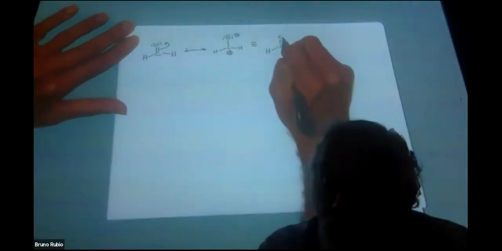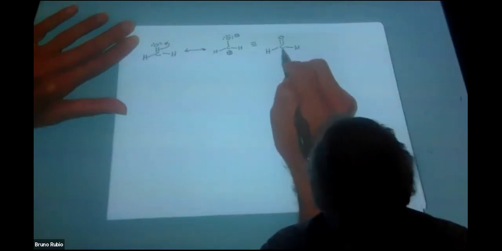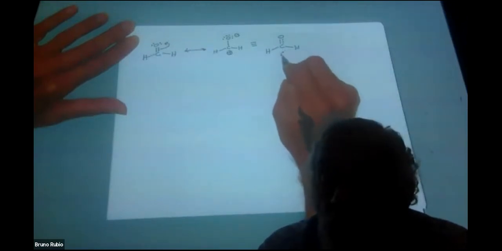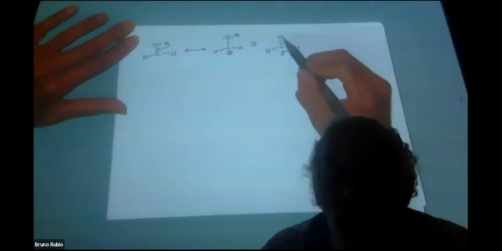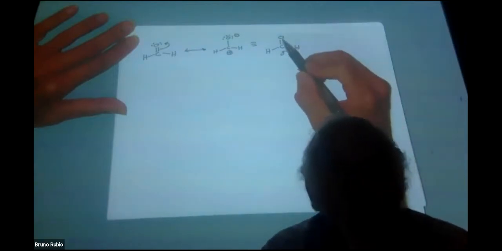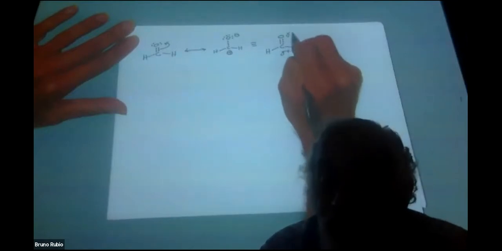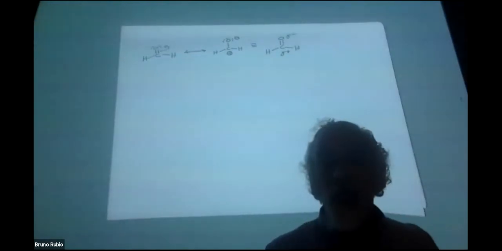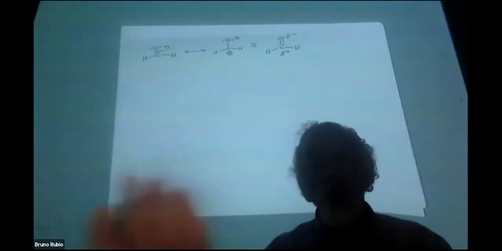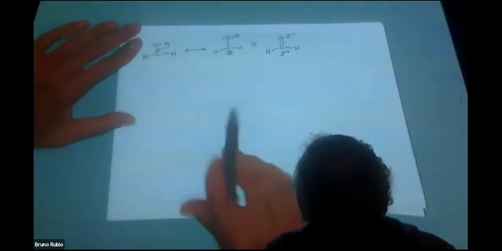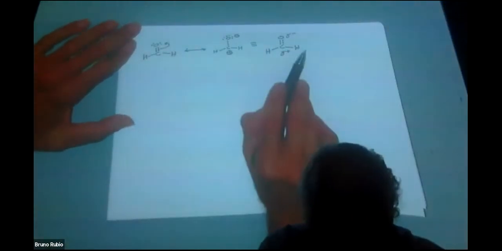And this carbon really isn't neutral. It has a partial positive charge on it. And this oxygen up here isn't really neutral either. It has a partial negative charge on it. So that is the actual structure of the molecule. It's this resonance hybrid. So this is the most important resonance structure in organic chemistry.